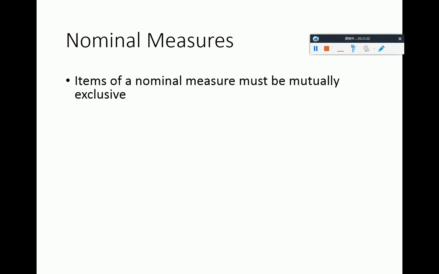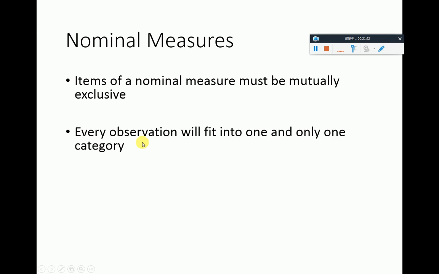All right, so there are several requirements regarding how we can construct a ruler that we call a nominal measure. Well, first of all, the items in this nominal measure must be mutually exclusive. And that means exactly what it says.